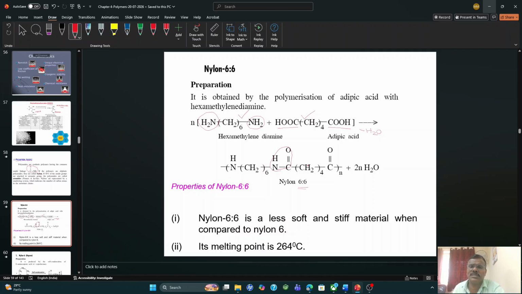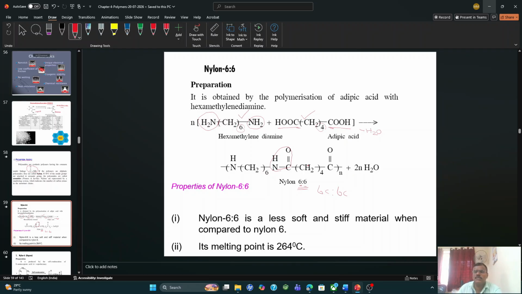What do you mean by 6,6? 6,6 means the two different monomers, each monomer has 6 carbons. It is like 6 carbons to 6 carbons. Okay, see here. The first monomer, there are 6 carbons. The second monomer, here there are 4 carbons, 4 methylene groups, and one carboxylic acid carbon, another carboxylic acid carbon.